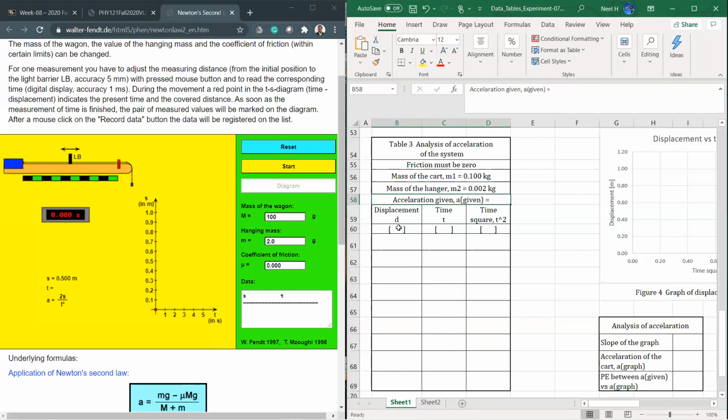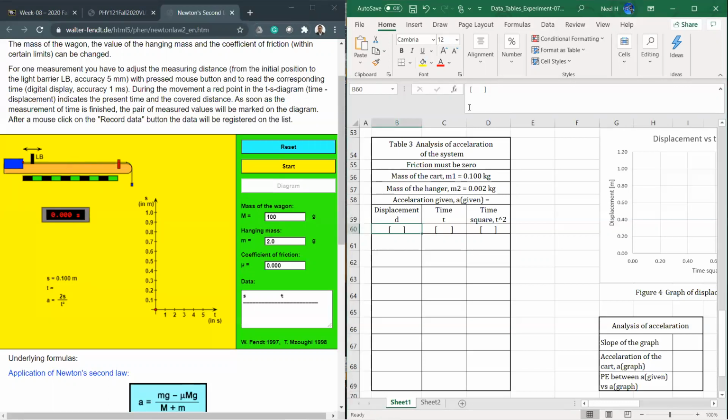What we're going to change is the displacement between the cart front edge and the LB. You remember I mentioned the LB, I can click and drag. So let's bring it to about 0.1 away from the cart. You can see now s is 0.100.